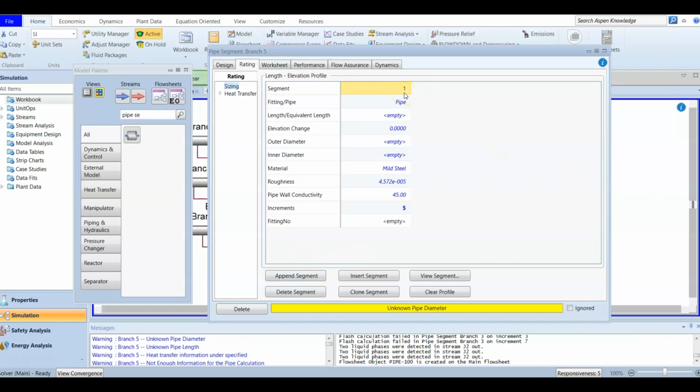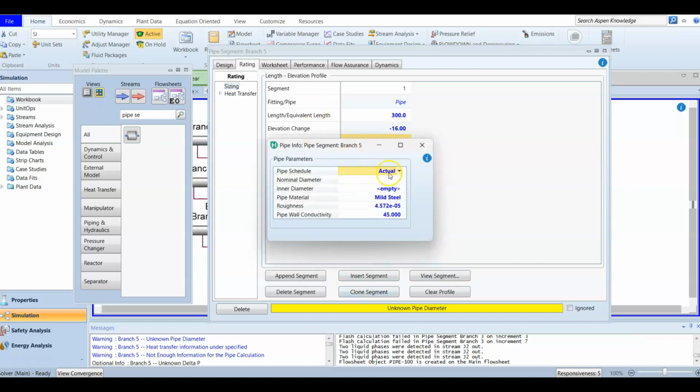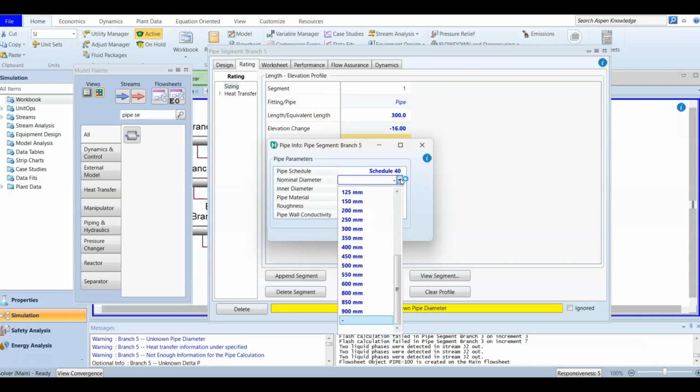Sizing: we have only one segment, it's a pipe, and its length is 300, and it's under the ground with negative 16 meter depth. I'm going to view the segment to add schedule number 14, and it shows the nominal diameter of, in this case, 150 millimeter.